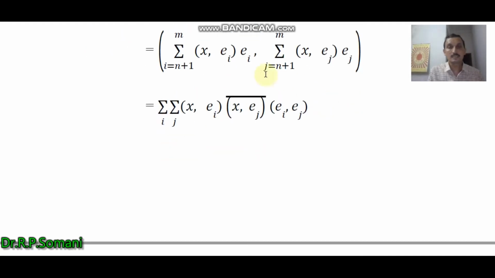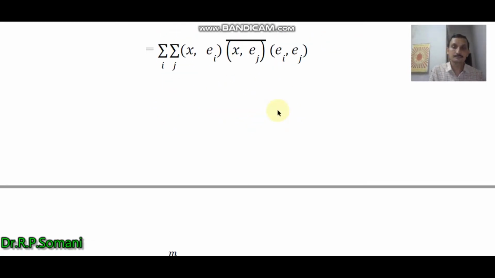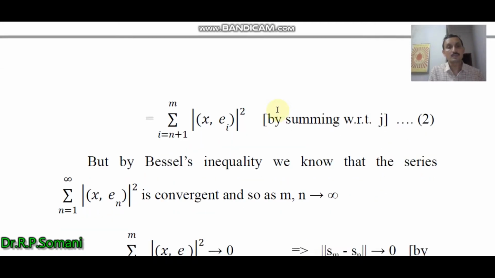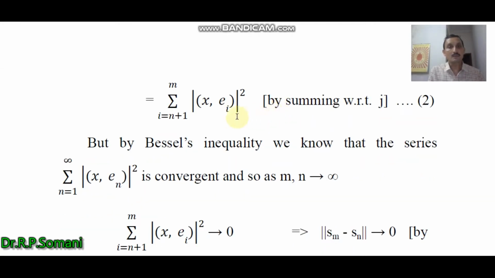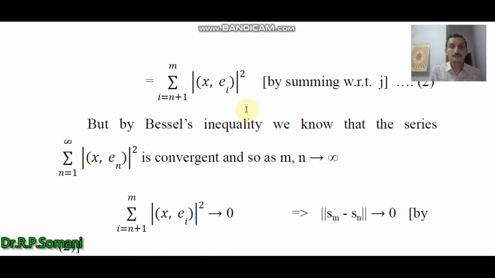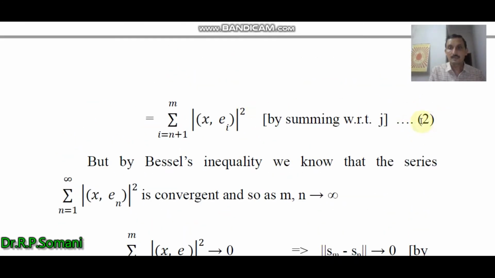So taking the summations outside, opening this bracket, we obtain the summation over i and j of ⟨x, e_i⟩ times the conjugate of ⟨x, e_j⟩ times the inner product ⟨e_i, e_j⟩, and now summing this, we obtain the summation i varying from n plus 1 to m of modulus ⟨x, e_i⟩ squared. This we denote by equation number 2.